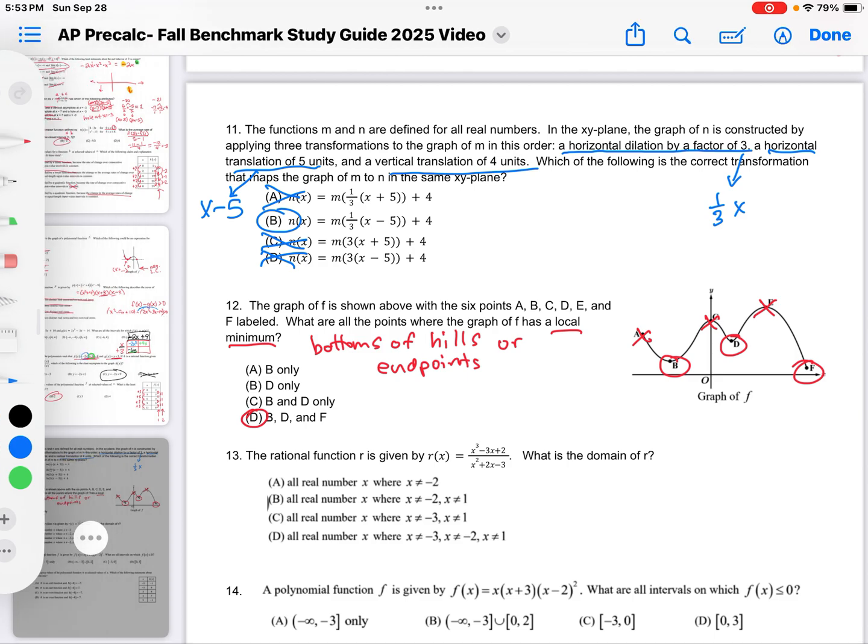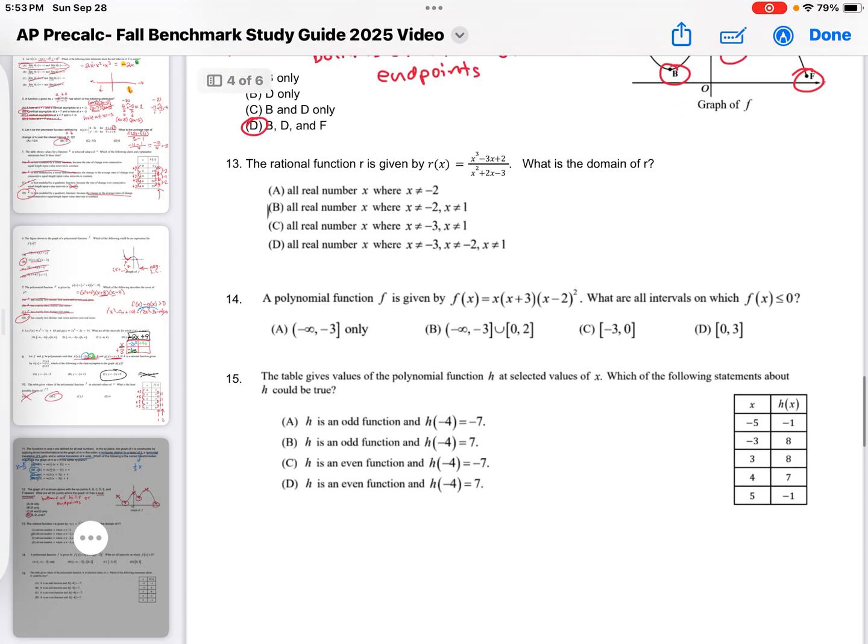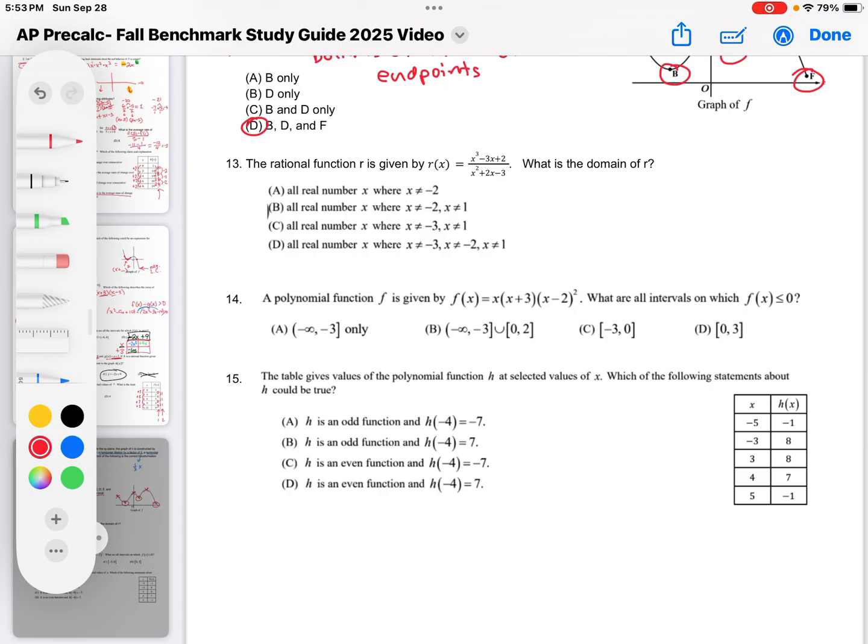All right, continuing on, let's go ahead and look at number 13. Here it says, what is the domain of R? Okay? Domain is going to be everything except where the denominator equals 0.